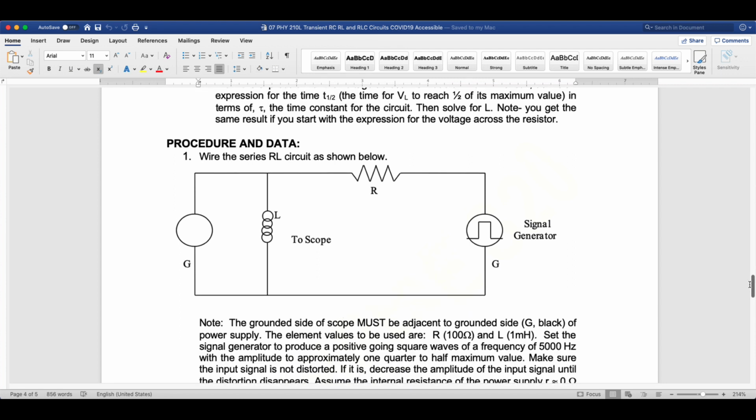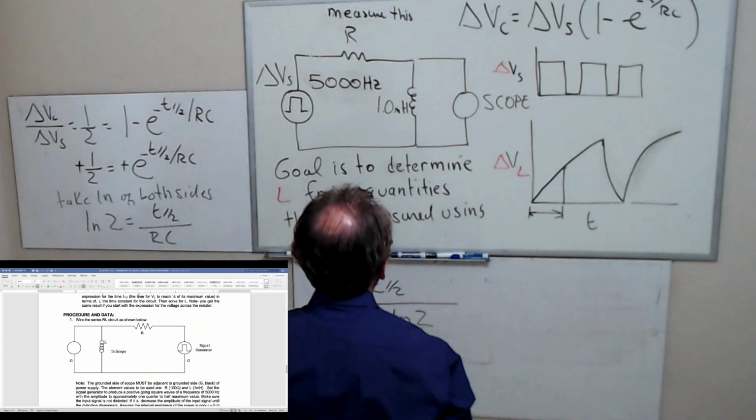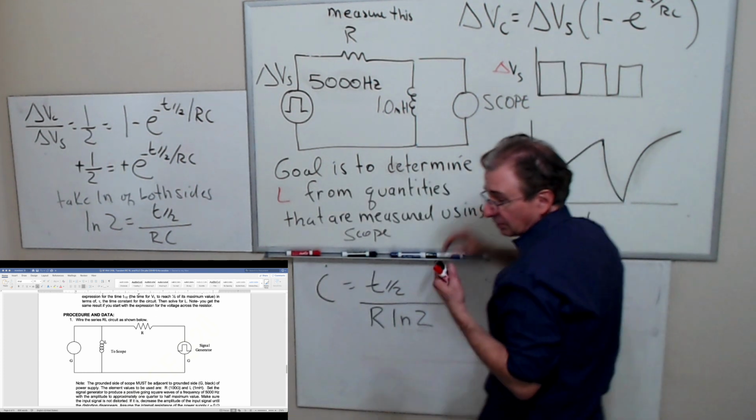So we need to derive an equation for the inductor. We need to do a similar derivation for the inductor as we did for the capacitor. So let me go back up to the board. This works for the capacitor, but what works for the inductor?